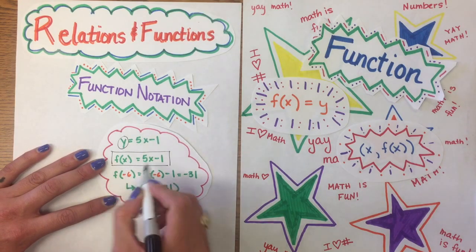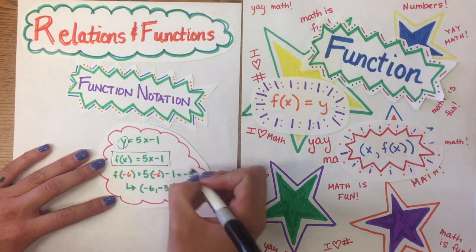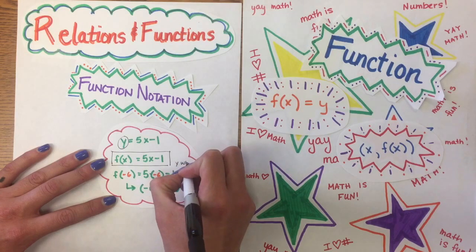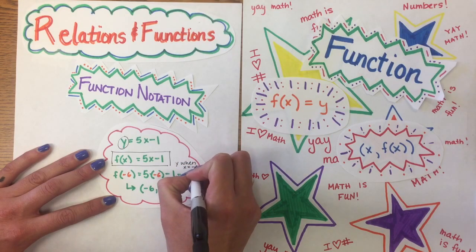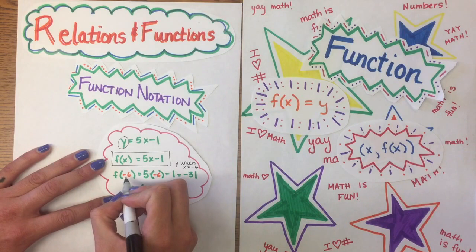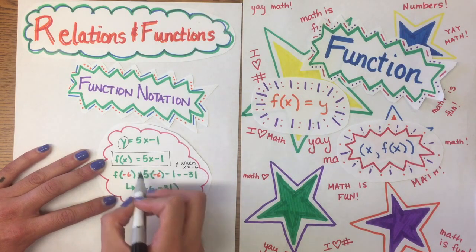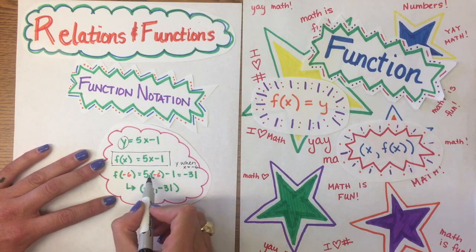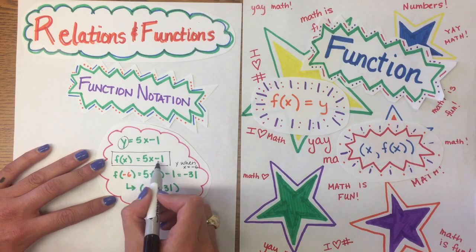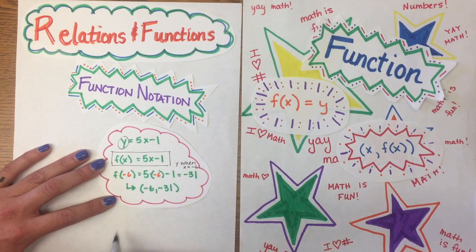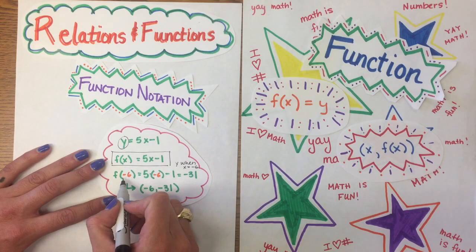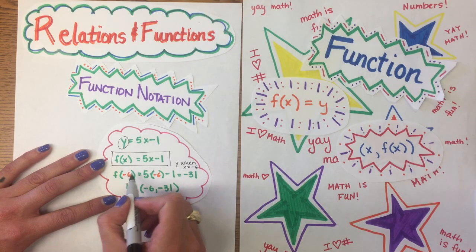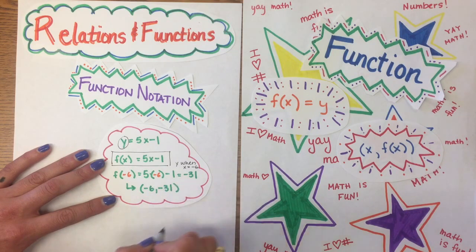If I want to solve for y when x is equal to negative 6, I simply replace x in my function notation with negative 6, and then I replace x everywhere on the right-hand side with negative 6 as well. So this is f of negative 6, is equal to 5 times negative 6 minus 1.